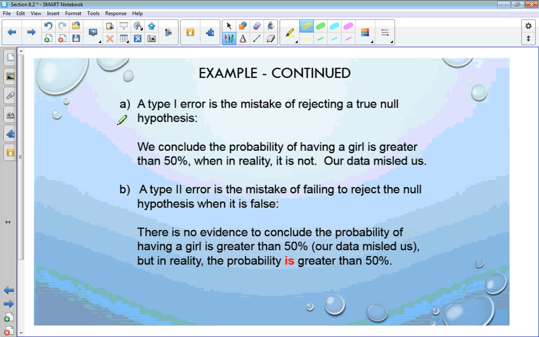So we conclude, in this case, the probability of having a girl is greater than 50%, when in reality it is not. It didn't reach out there to those critical areas, those tails. A type 2 error is the mistake of failing to reject the null hypothesis when it's false. And there's been no evidence in this case to conclude the probability of having a girl is greater than 50%. In reality, the probability is greater than 50%.